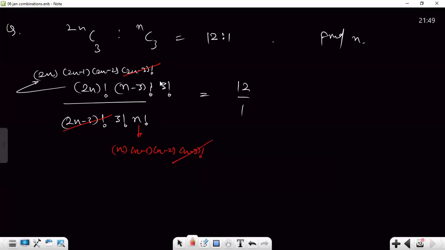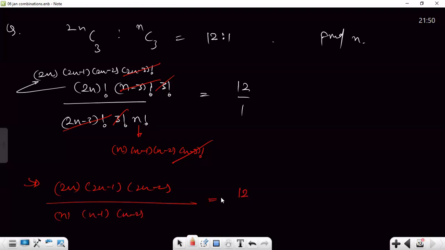Let's stop it because (n minus 3) factorial is there. So we have been able to solve for every factorial. 3 factorial cancels 3 factorial. Great. So it will become 2n into (2n minus 1) into (2n minus 2) divided by n into (n minus 1) into (n minus 2) equaling 12.